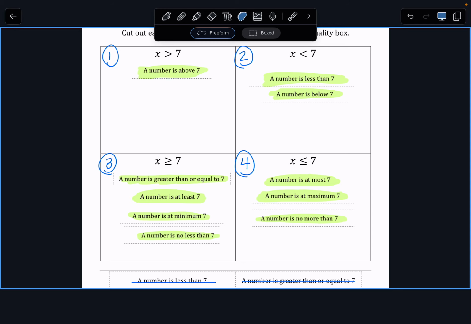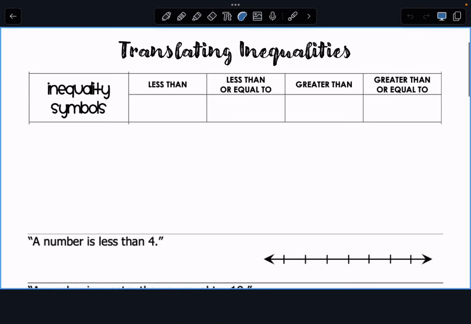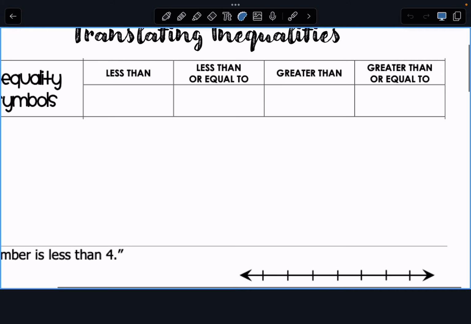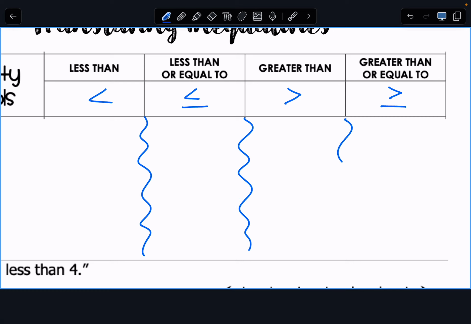Okay, so what we're going to do on page 4. Hey, guys, stop talking. Okay, fill in these 4 inequality signs. This is page 4.